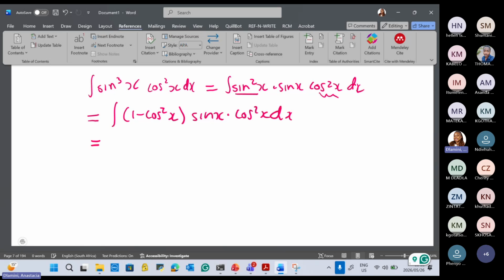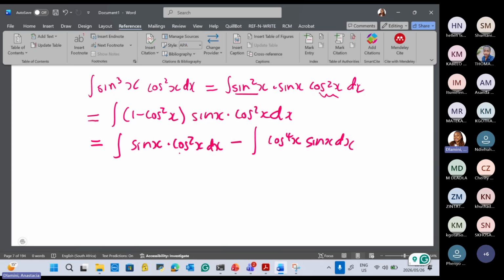So this becomes the integral of sine x times cos squared x dx minus the integral of cos to the power of 4x sine of x dx. From this point, I can see, okay, fine, because there's a power and there's a derivative.